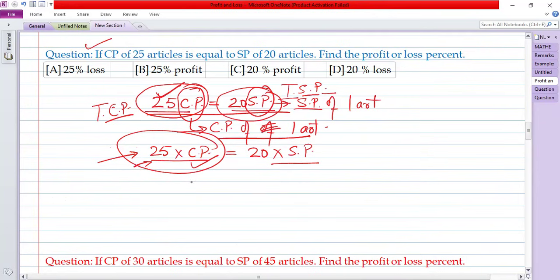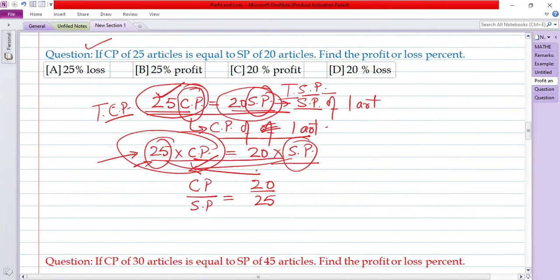Okay, and now we will have this ratio CP upon SP. This ratio will be nothing but 20 upon 25. So actually this SP comes to this side, and this 25 goes to this side. Now, what is the meaning of this ratio?